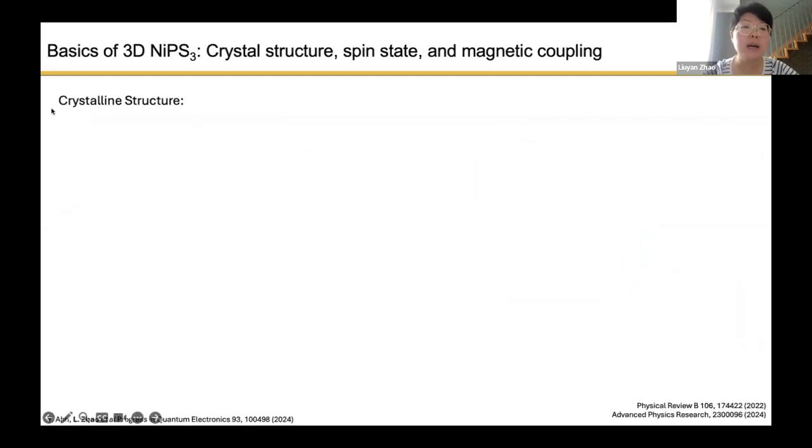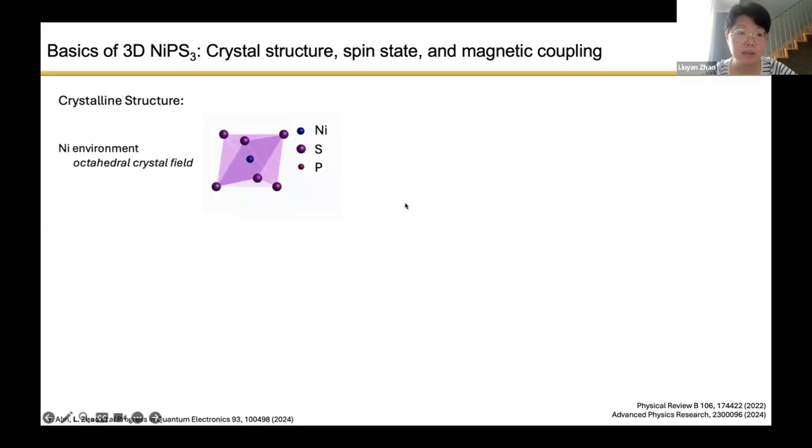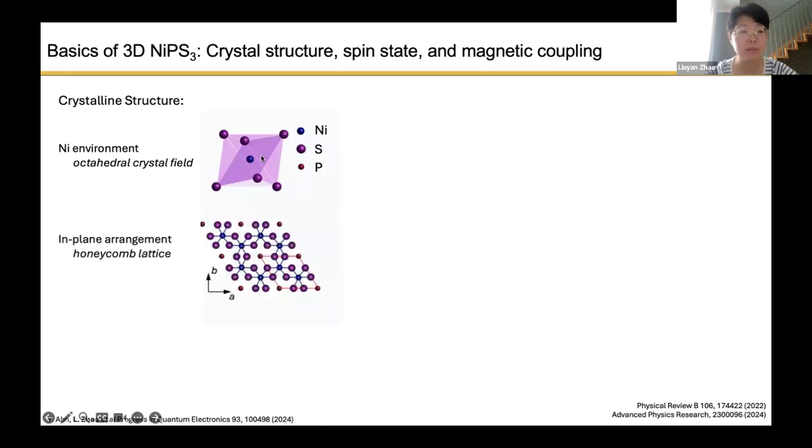So for 3D nickel phosphorus trisulfide, structure-wise, the building block is nickel sitting in the center of an octahedron formed by sulfur atoms. Within the layer, meaning in the plane, these octahedra are arranged in a honeycomb lattice that you can see, and this parallelogram highlights the unit cell of the honeycomb lattice.